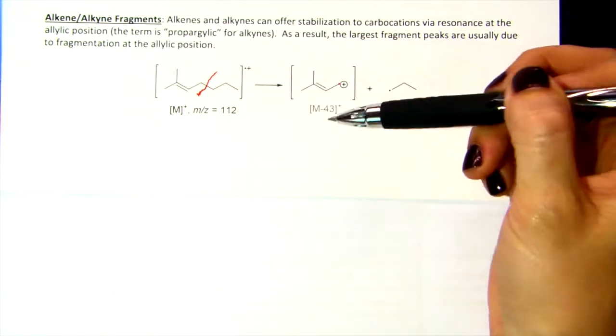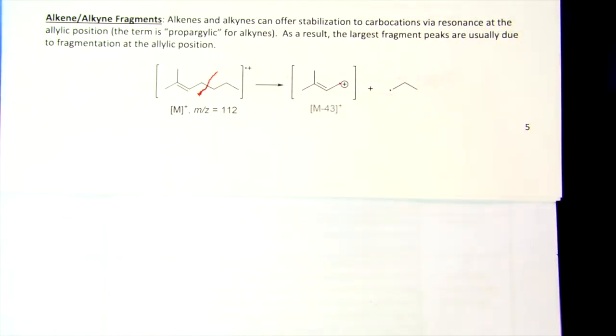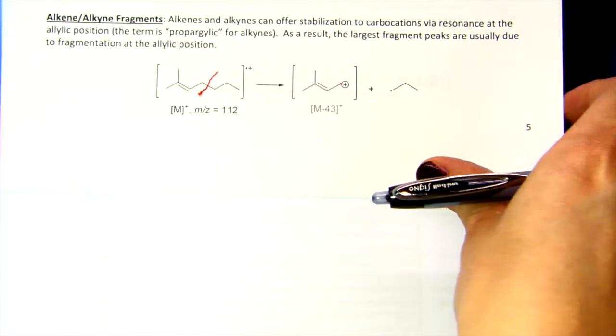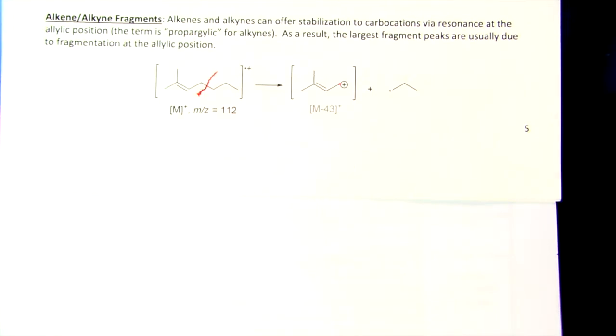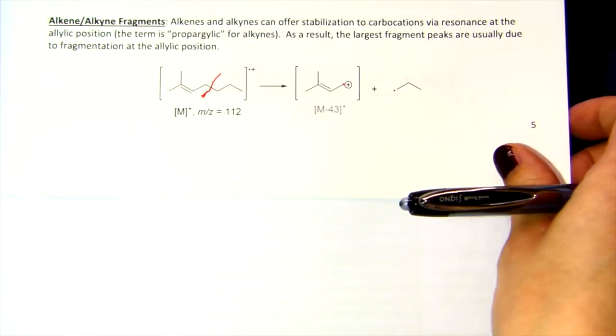So if you see that, you can start to put together little pieces of the structure. Again, it's not going to be definitive. You're not using this to solve the structure all by itself. But you can get hints of stuff by looking at the fragment patterns. You're fragmenting it, and you're expecting it to fragment to give you the allylic piece. So that's a predictable part.